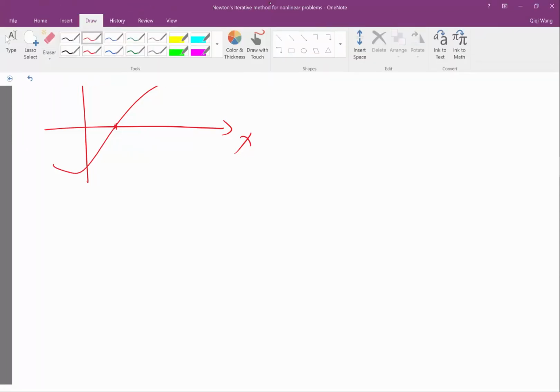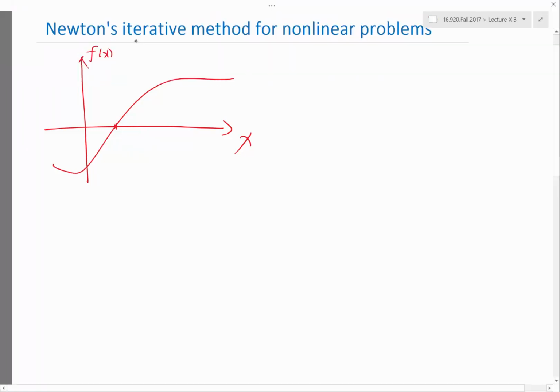It involves what we have used a lot in this class, the Taylor series expansion. You pick an arbitrary initial condition x0. You evaluate f at that point. This value is f(x0). And from here, you want to guess which way to go and how much to go to get closer to the zero point of f(x).